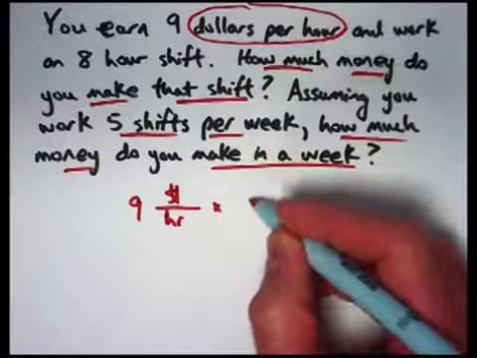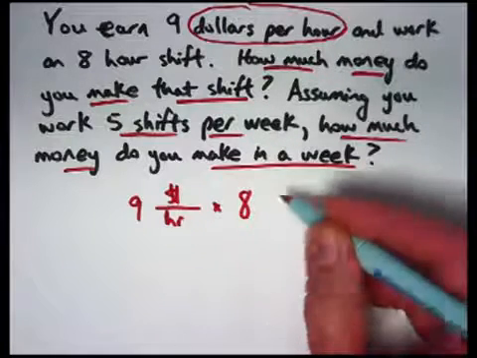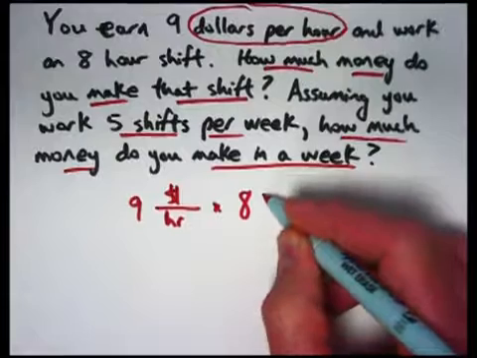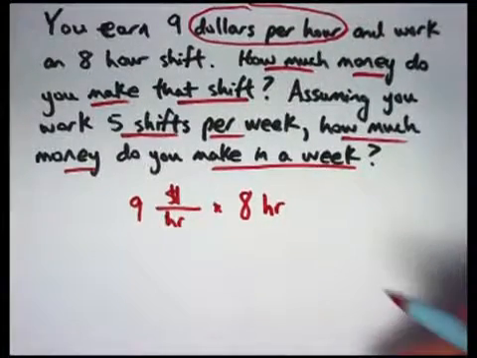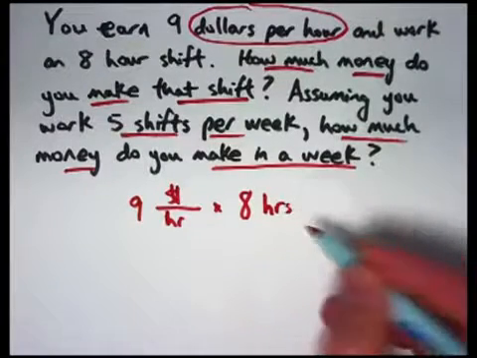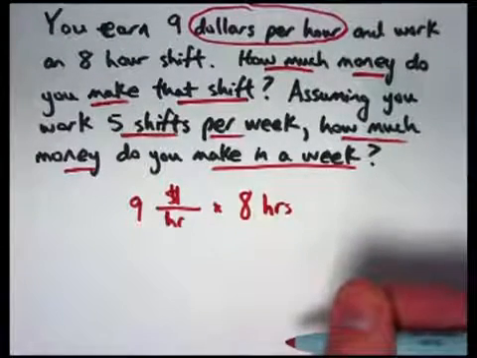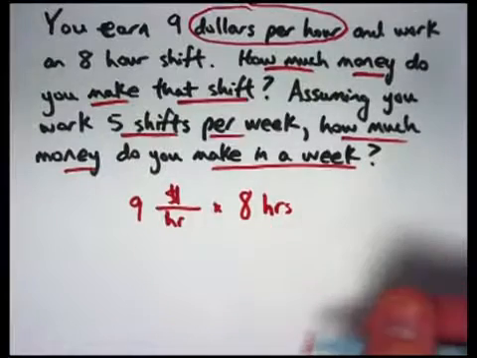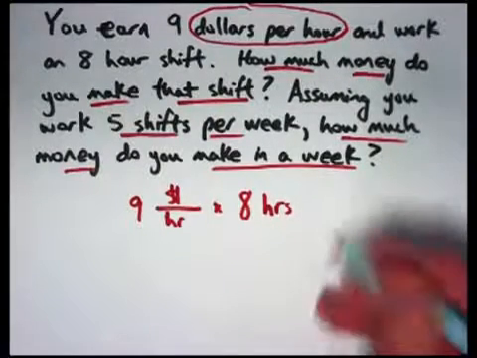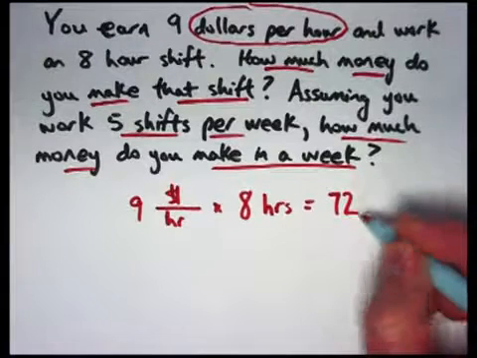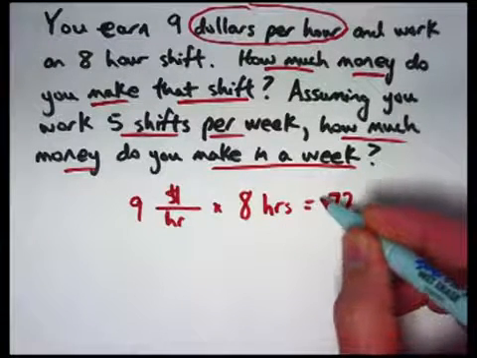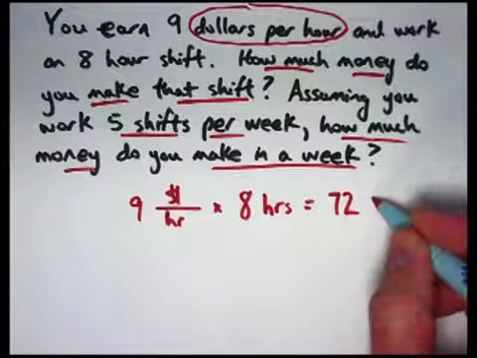And then we have an 8-hour shift, so I can put 8 and then hours here, and I don't need to make that plural if I don't want to. It's not a big deal if I make it plural. Don't worry about plural when you're dealing with units. And the final answer is 9 times 8 is $72, and it is traditional to put the dollar sign in front, but I think I'll put it here anyway.